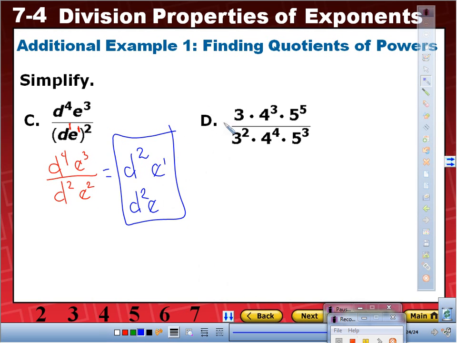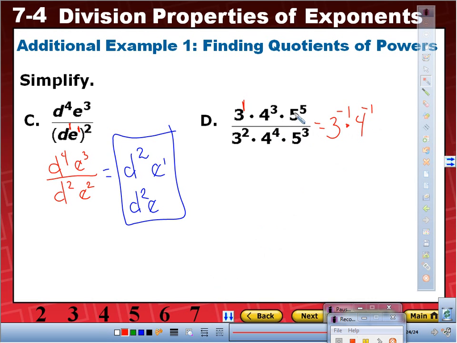Look at this one. Once again, we need to add an exponent of 1 to those that don't have any. So therefore, let's see. Same base? Yes, so this is 3 to the negative 1. Look at this one. Times. Same base? 4 to the negative 1. And the last one.